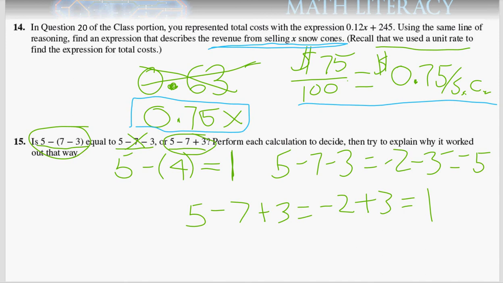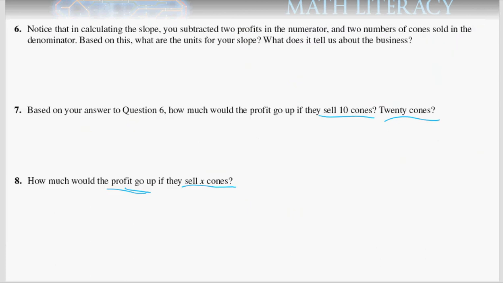When you're asked to calculate something using X, you're forced to use an expression, which is really kind of nice because you don't even need the calculator. You just say, when I figure out what X is, I'm going to multiply it by 75. That's all they're asking you to do really in question 8. You've decided what you're going to do with the number of snow cones.